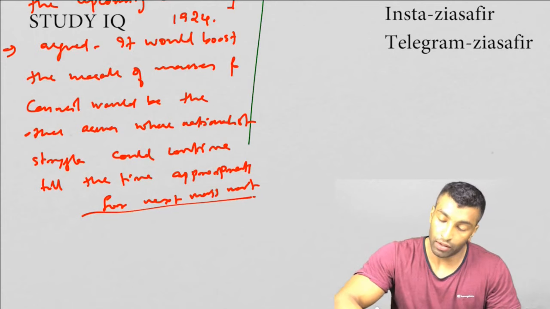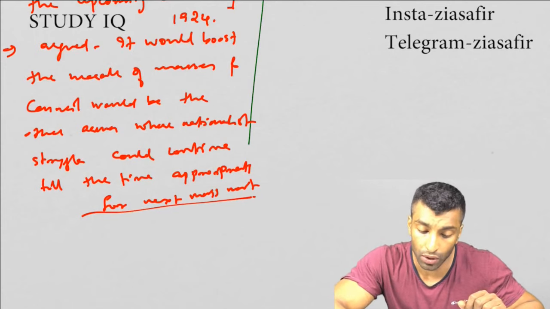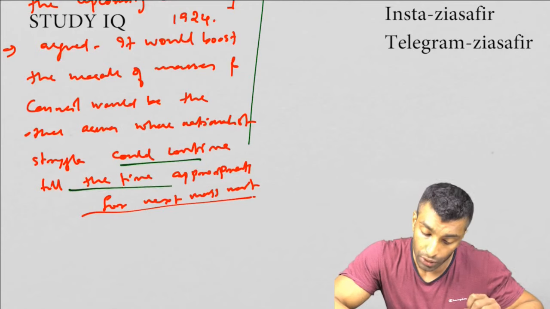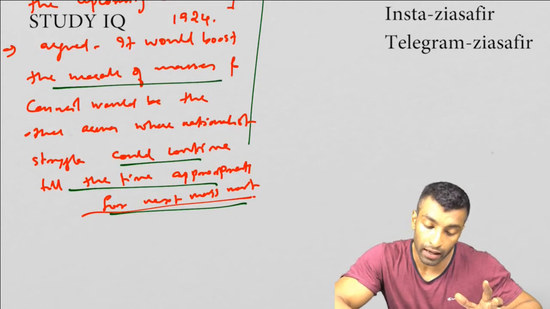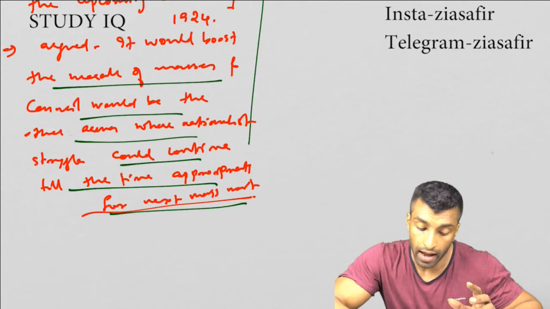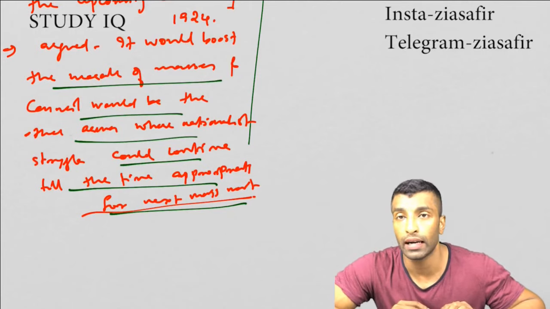See, they are of the opinion that no immediate mass movement is going to come, so till the time which is appropriate for the next mass movement, you enter the council, and it would boost the morale of the masses, and the council would be another arena for the nationalist struggle.